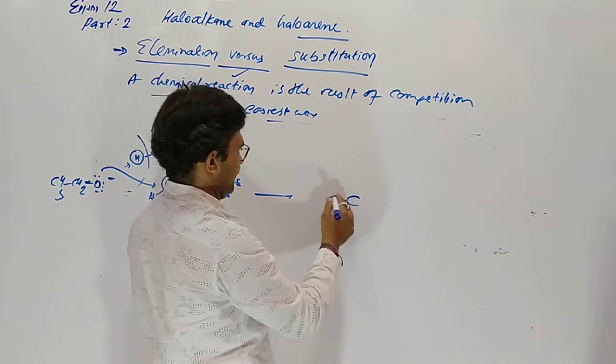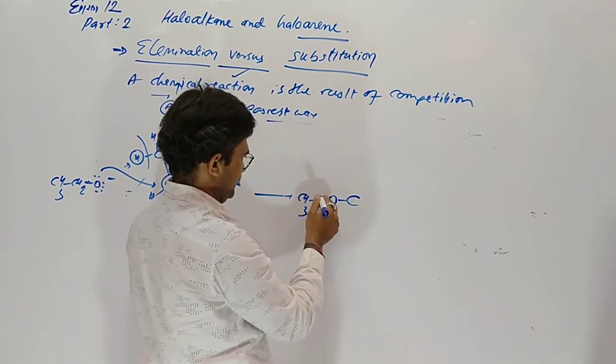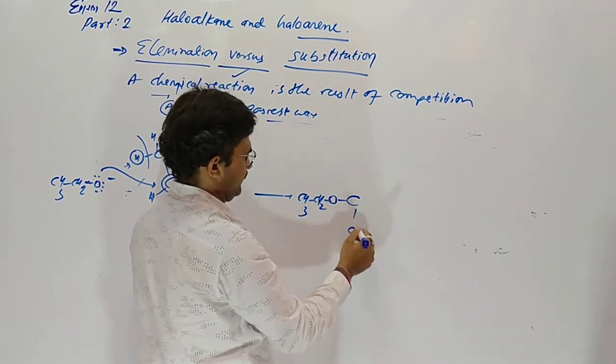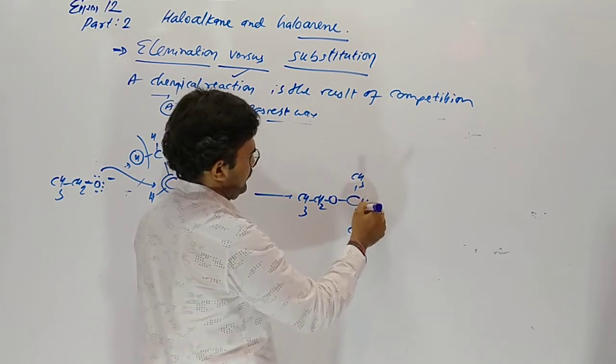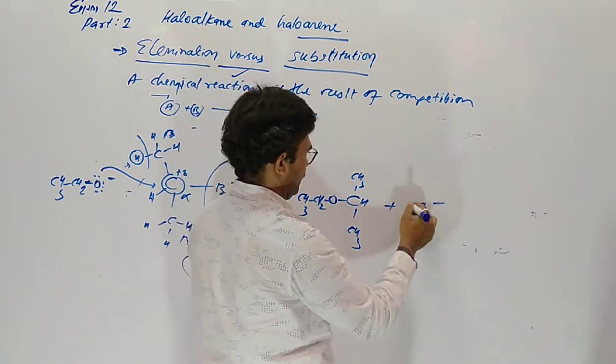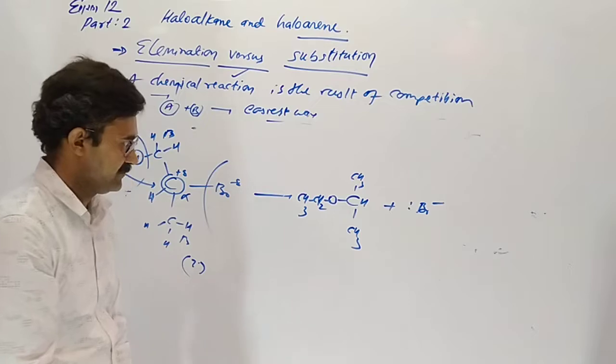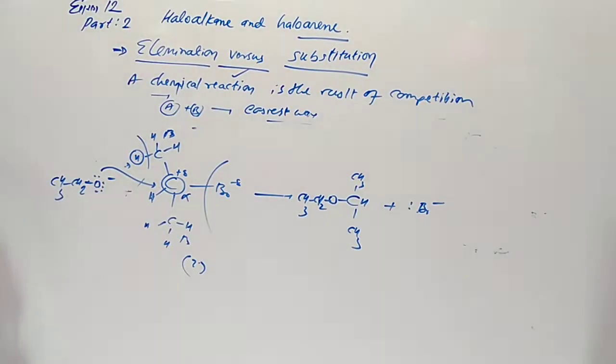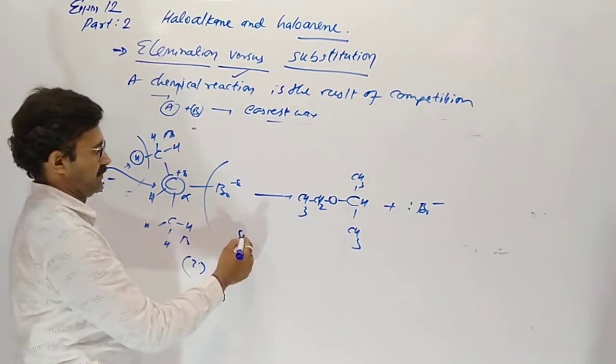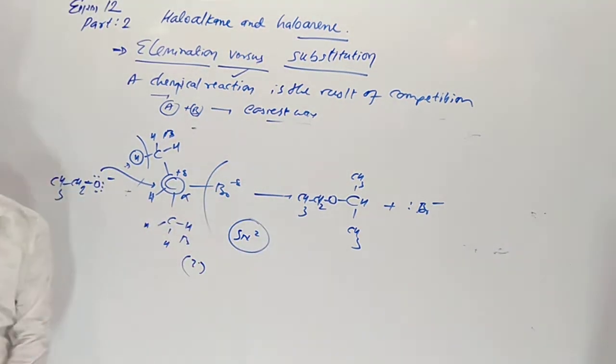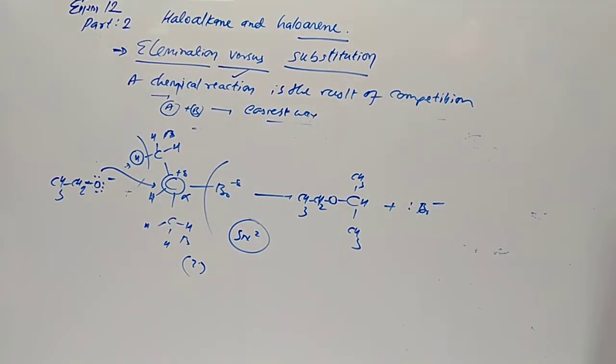So here an ethoxy group is attached and bromide is removed from there. So 2-ethoxypropane is given. This is the SN2 reaction. Substitution occurs here.